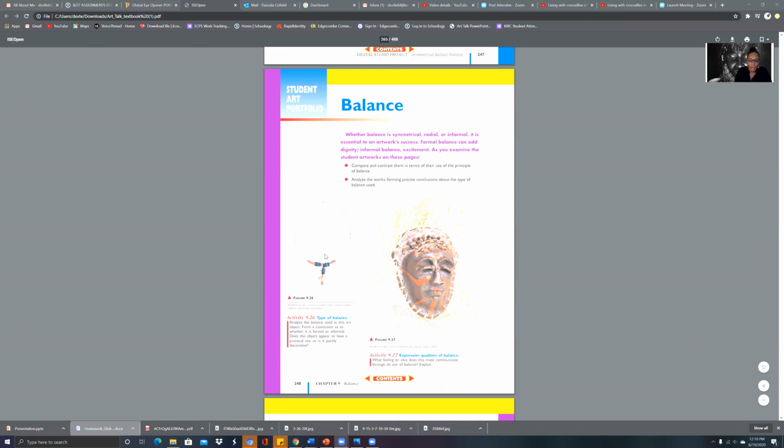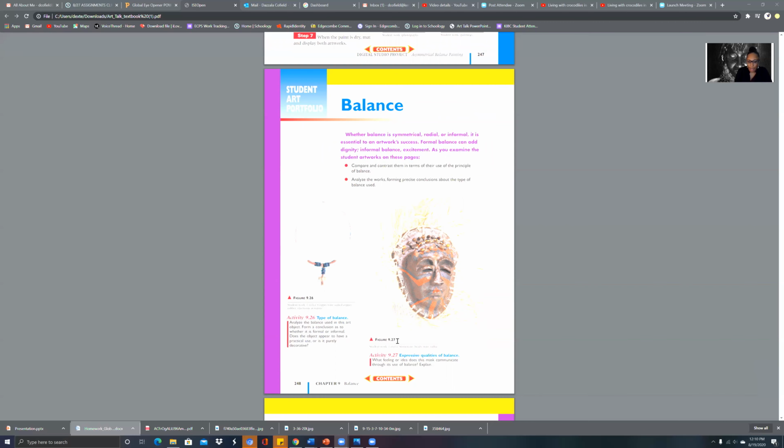And in African art, they always created works of art for ceremonial purposes. So yes, that answers that question. Formal and informal balance. This is actually formal balance because everything is symmetrical. Everything's the same on each side.